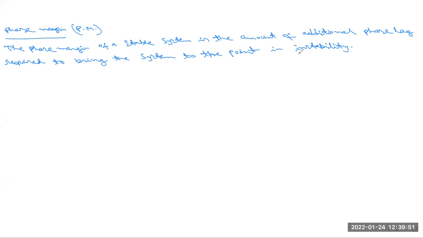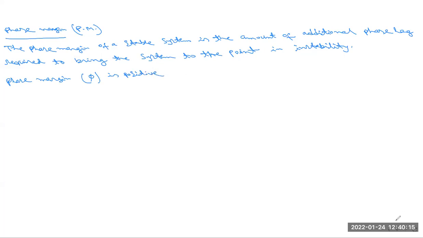So in the previous diagram, we plotted the Nyquist plot of the given system, and here the phase margin we have to express as phi, the angle of phi, which is also positive.